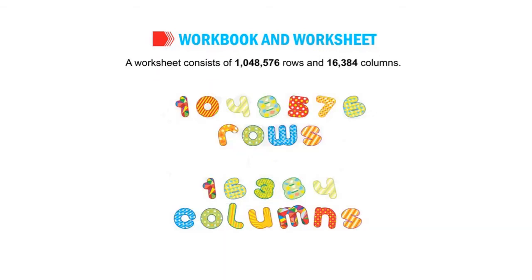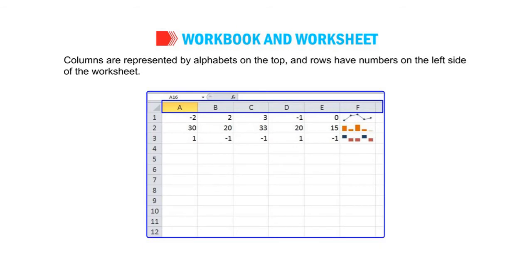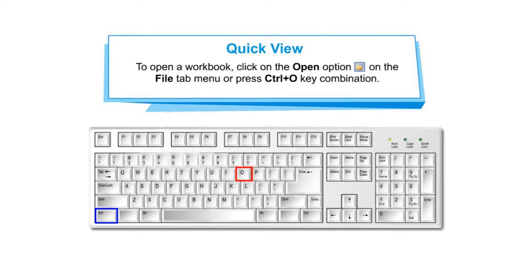A worksheet consists of 1,048,576 rows and 16,384 columns. Columns are represented by alphabets on the top and rows have numbers on the left side of the worksheet.